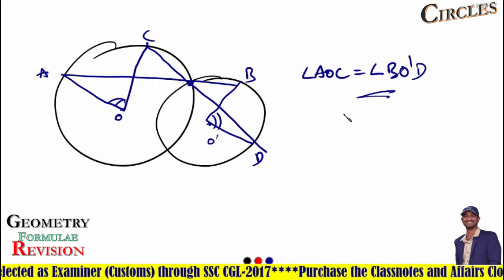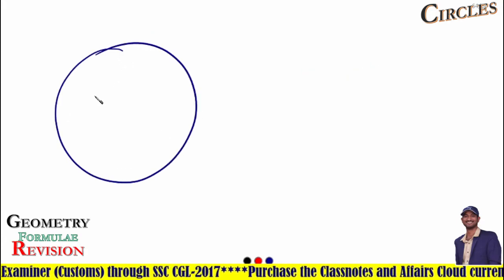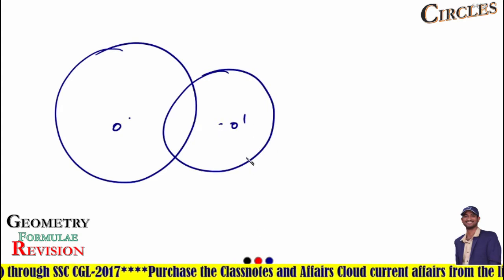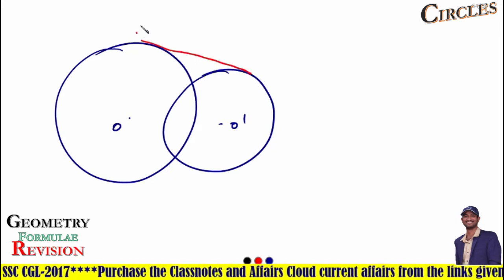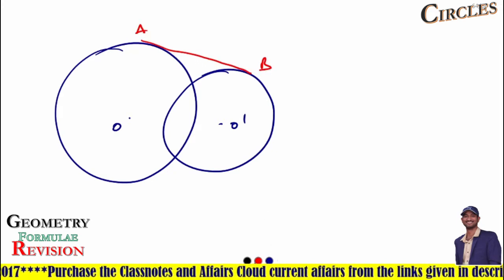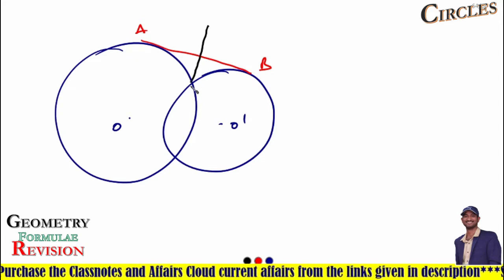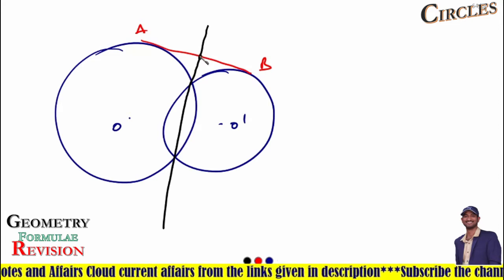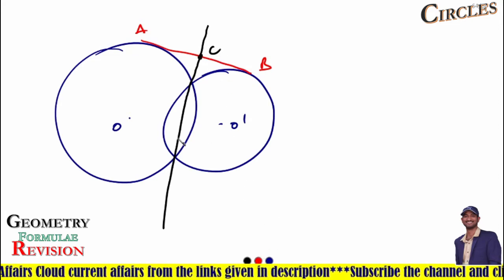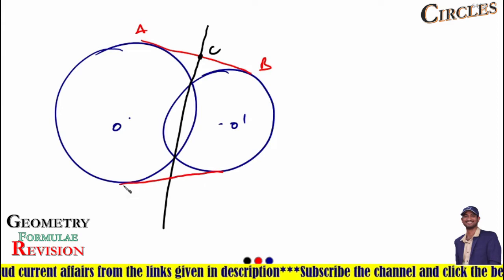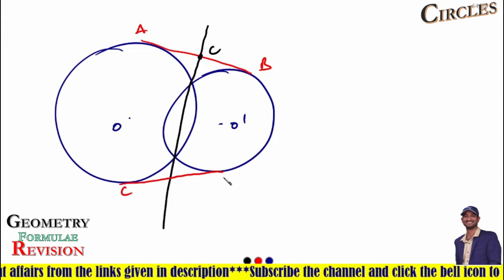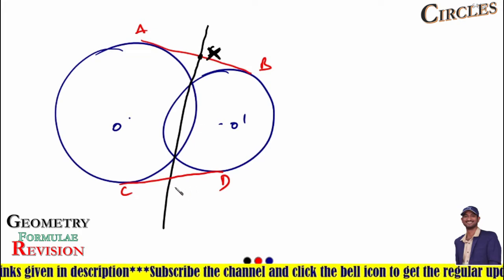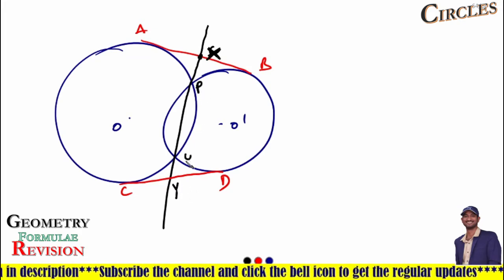Next, there are two intersecting circles like this. O and O dash are the centers, and this is AB, a direct common tangent, and a line passing through the intersecting points touches the tangent at some point C, and it is also another direct common tangent, say CD. Suppose it is X and it is Y, and PQ is the common chord.